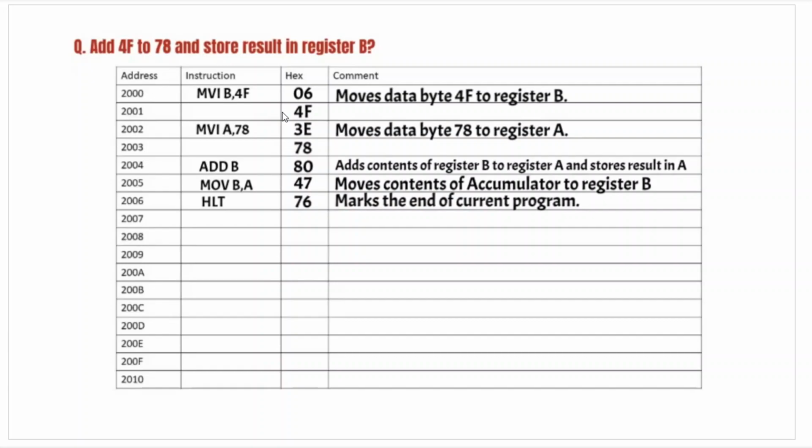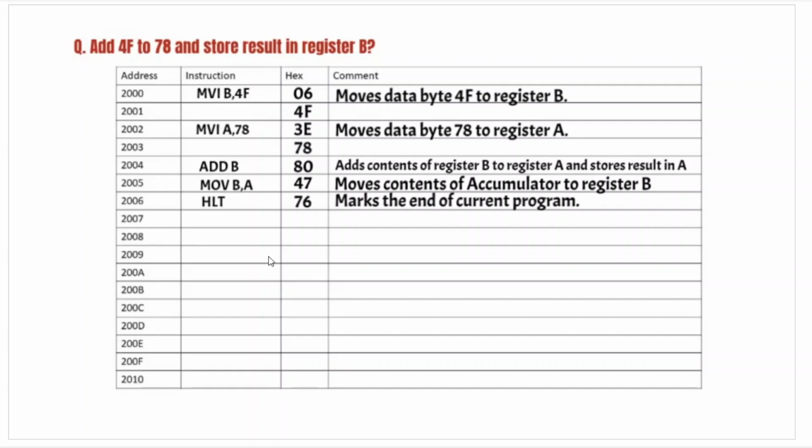The program counter will increment on its own after that. We'll only be entering the starting address into the program counter. After that, every machine cycle will increment the program counter of its own accord. We'll only be entering the hex codes into these memory locations.